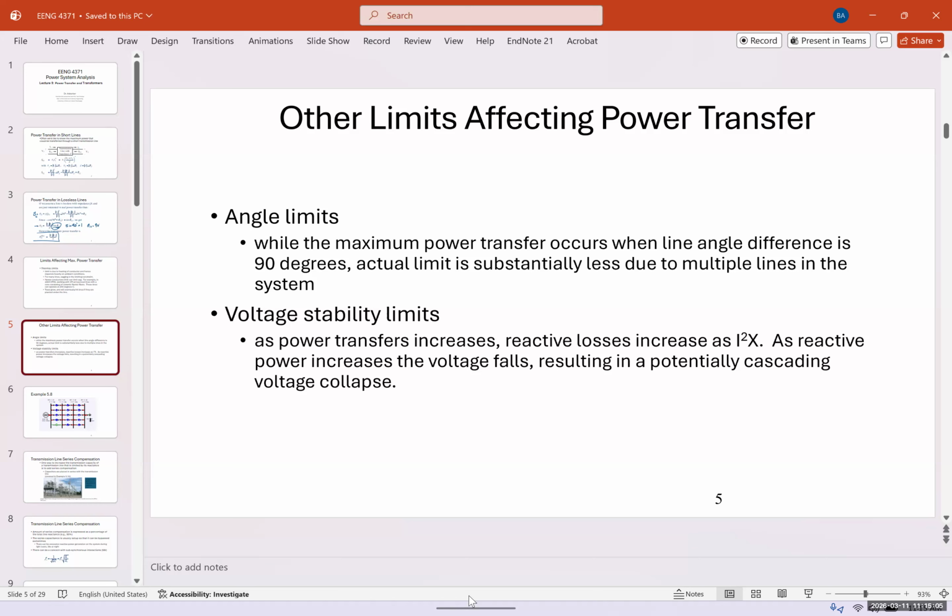And we have voltage stability limits as well. As power transfer increases, reactive losses also increase as a factor of I squared X, and that has a cascading effect, because as reactive power increases, the voltage falls, resulting in a potentially cascading voltage collapse in the system.